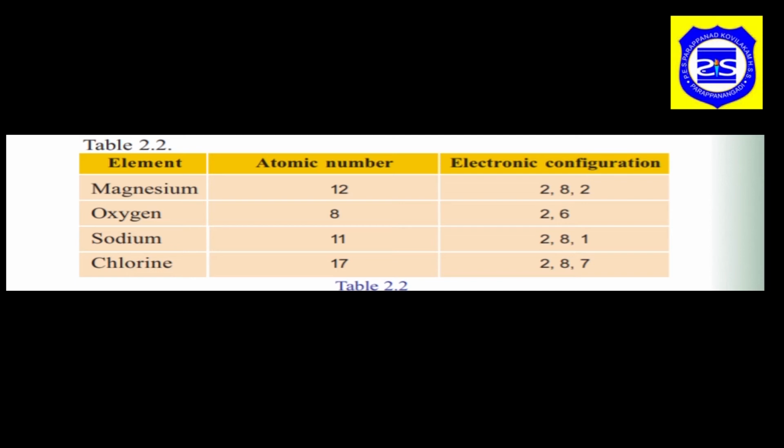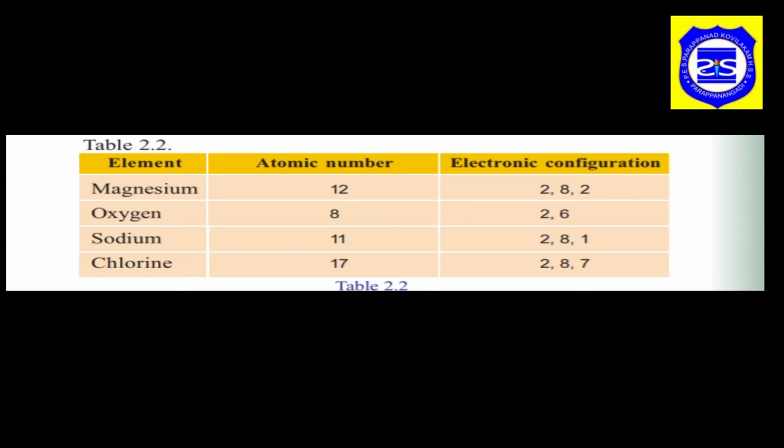Okay. Some questions are given below. Look here. Do the elements in the table have stability? Why? Look here, in all the electronic configurations, the outermost shell of the elements has 2, 6, 1 and 7 electrons. I already said that if the outermost shell contains 8 electrons, they have stability.